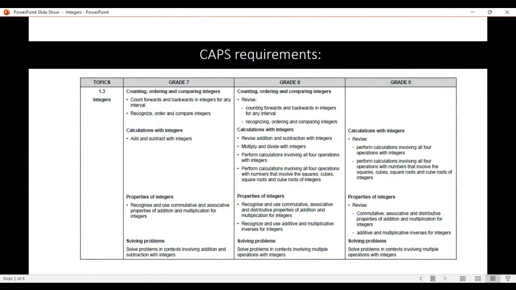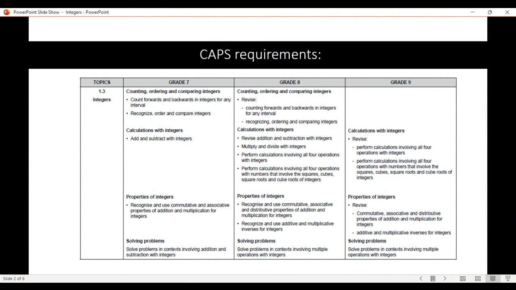So let's see where it fits into the curriculum. Topic 1.3 of the first content area in the senior phase CAPS document is integers, where the grade 7s need to count forwards and backwards in integers for any interval, to recognize, order, and compare integers, to do calculations with integers, and in grade 7, we are only doing addition and subtraction with integers.